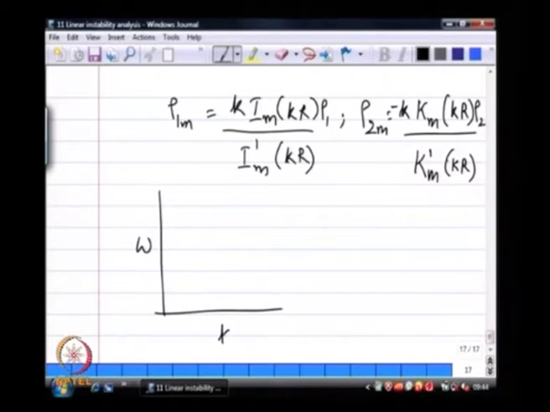So, in general if I take any instance and plot this omega as a function of k, and I will plot this in some dimensionless sense, with respect to k r, which is non-dimensionalizing my length unit, the radius of the jet, to 1.